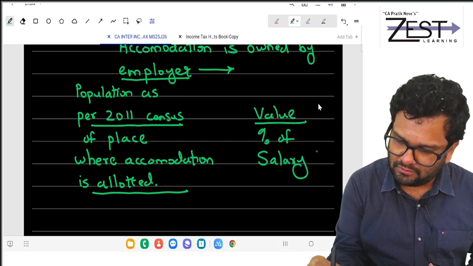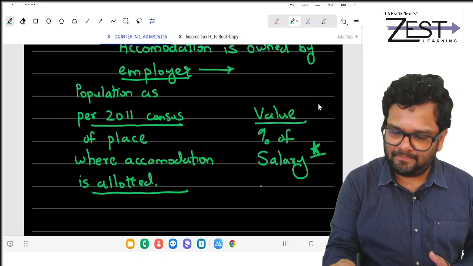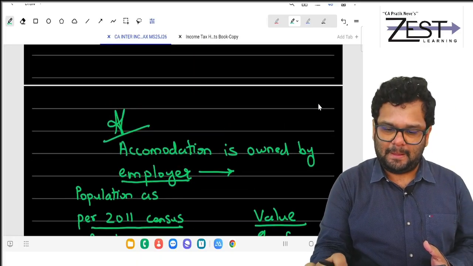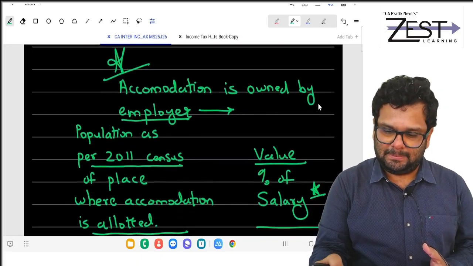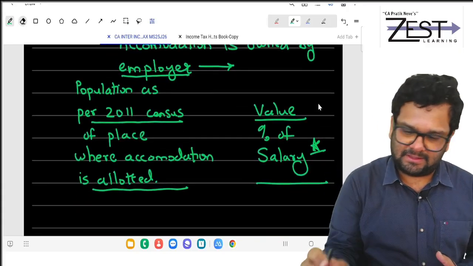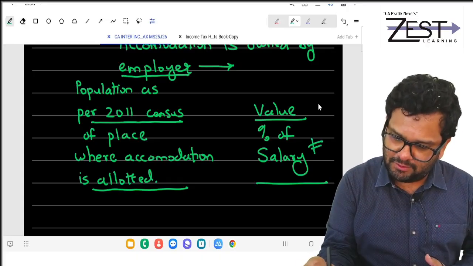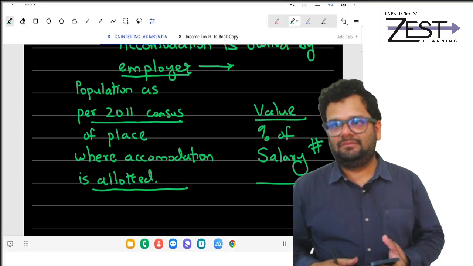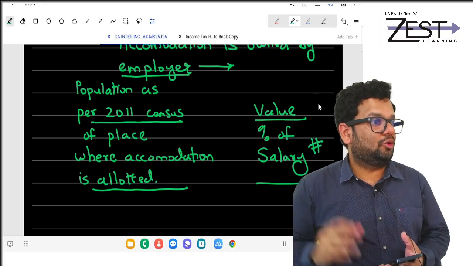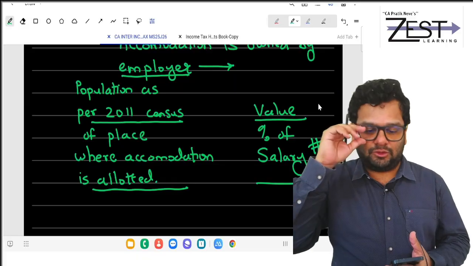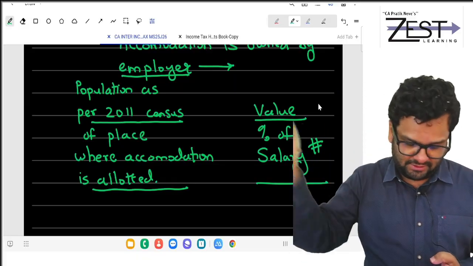So the population as per the 2011 census, and the value will be calculated as a percentage of what? Salary. Salary definition will be the same for accommodation in both cases. Anyways, I will tell you that. First, see population wise.